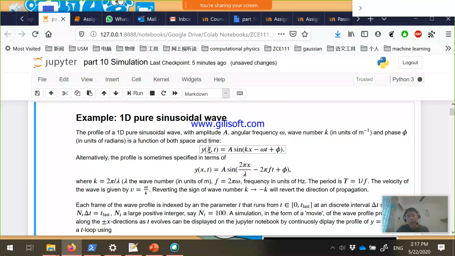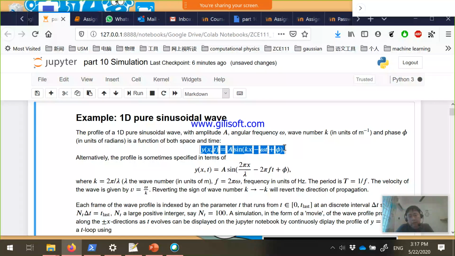So you need to know how the displacement of the wave at x and t changes as a function of time, as well as, in this particular case, x. As long as you have these equations, then you'll be able to tell the values of y at different x and different t.